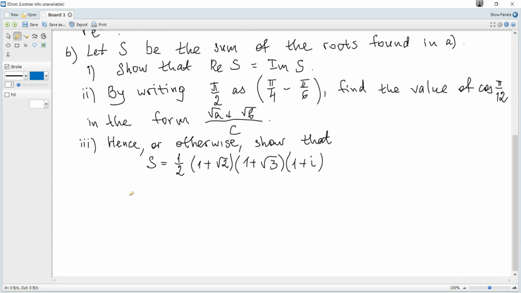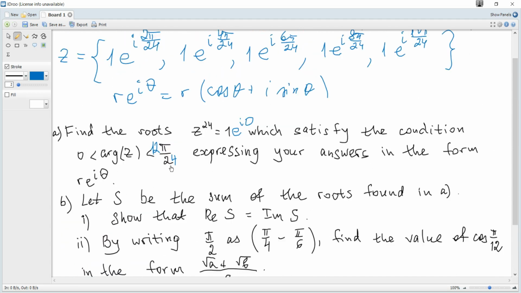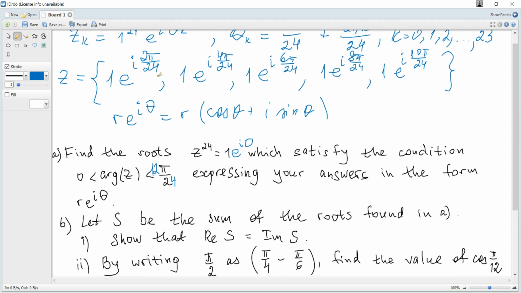And hence we can write that the real part is just the sum of cosines, but let's simplify and write all with common denominator 12.